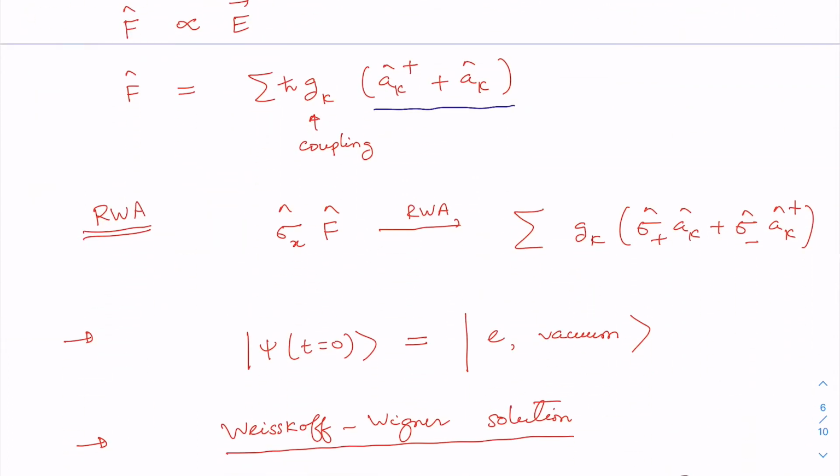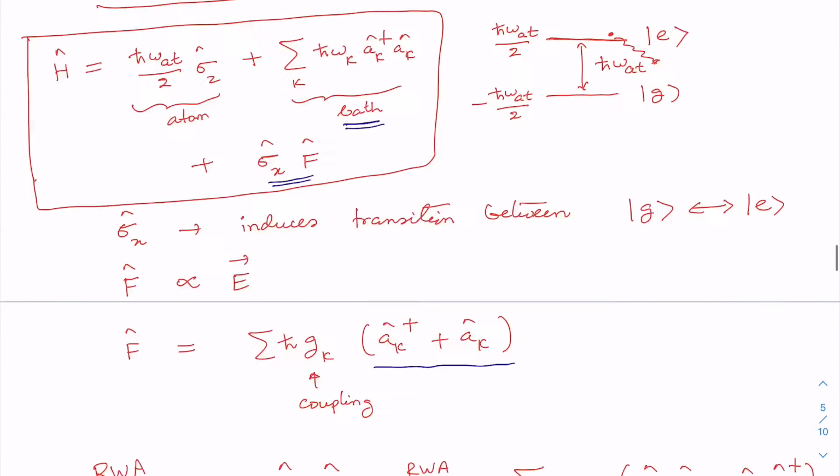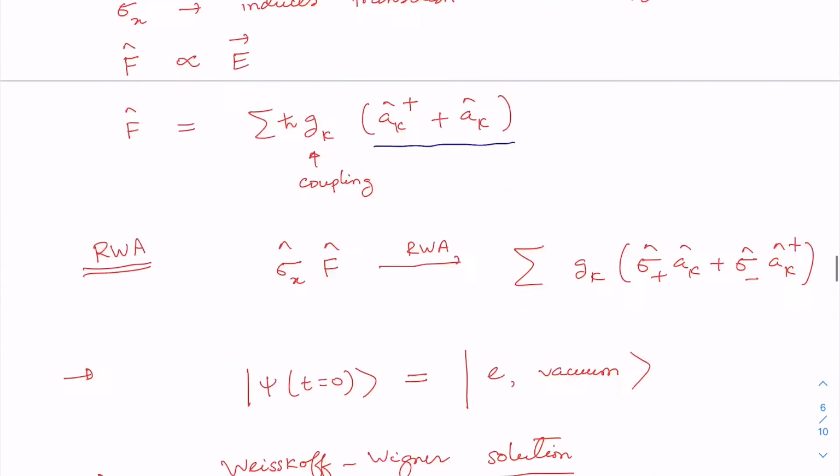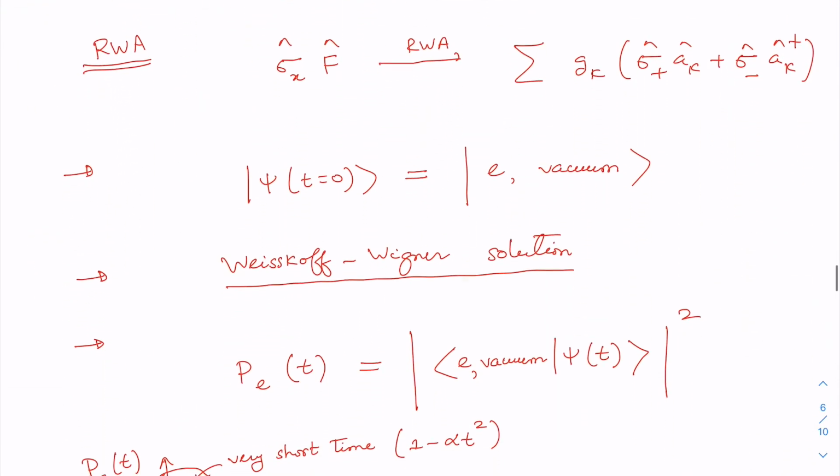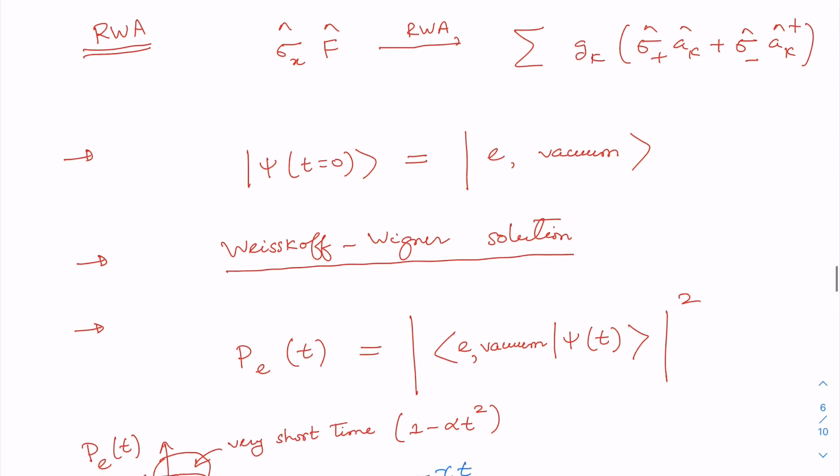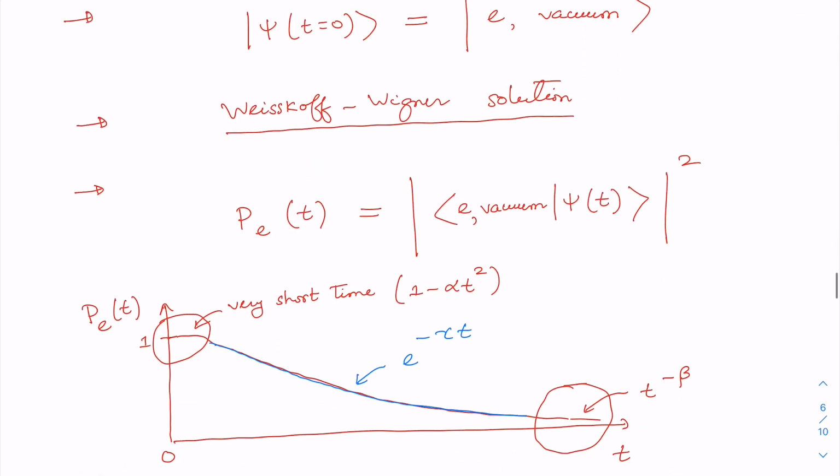And using RWA, this Hamiltonian can be exactly solved, and it was done by Weisskopf and Wigner, known as the Weisskopf-Wigner solution.